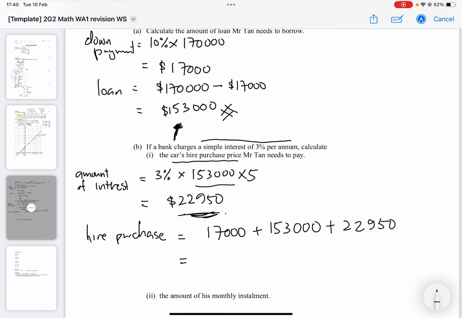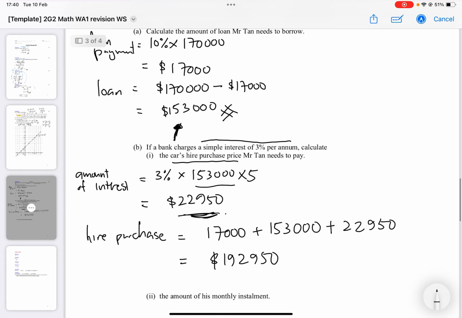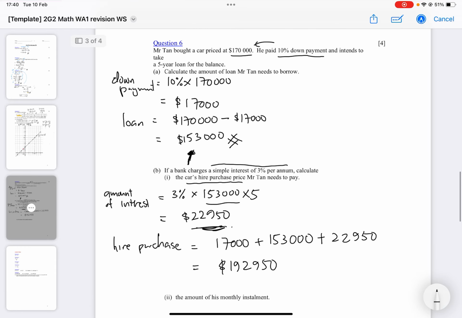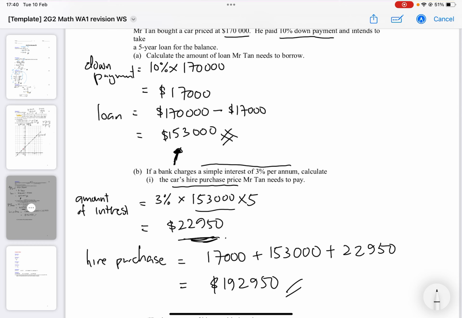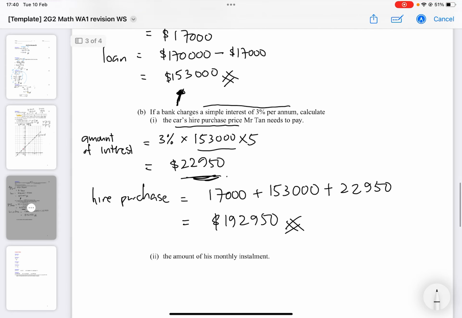So this is in total how much he paid, the hire purchase price. So 22,950 plus 153,000 plus 17,000 equals 192,950. The original price is 170,000, but the hire purchase price is higher because you owe money first, and owing money means you need to pay interest. So it ends up like that.